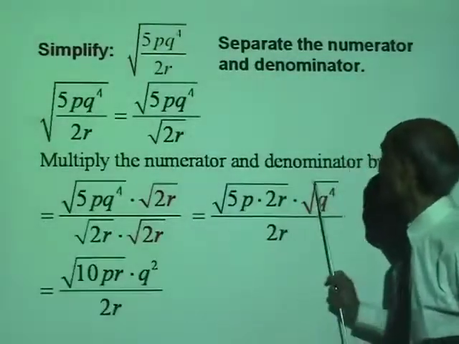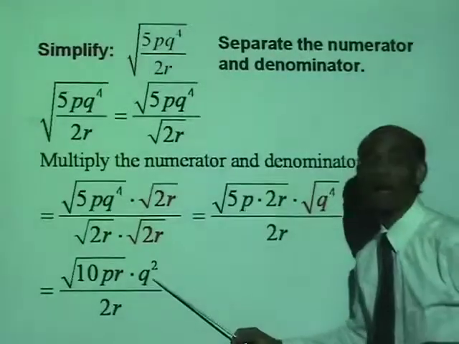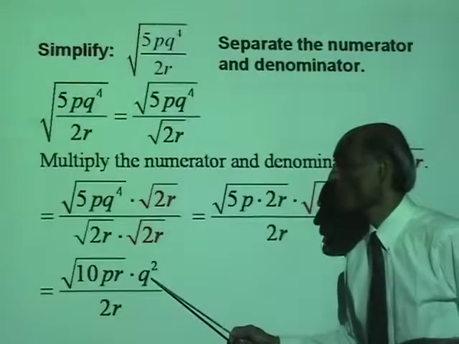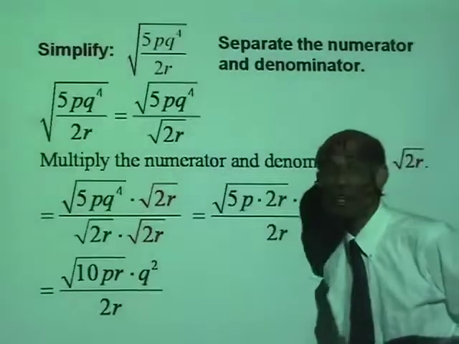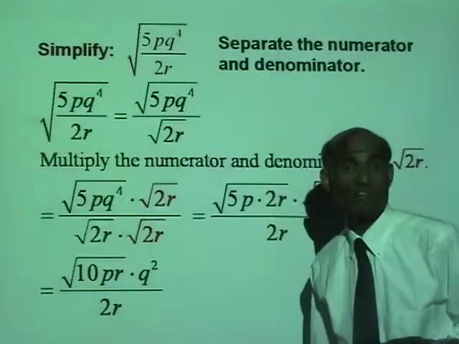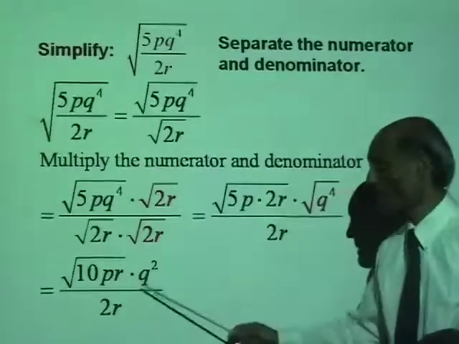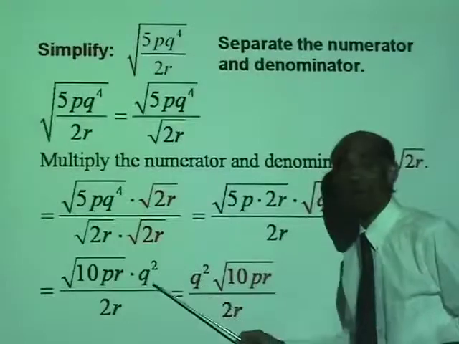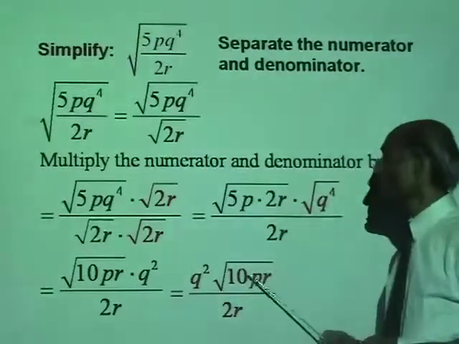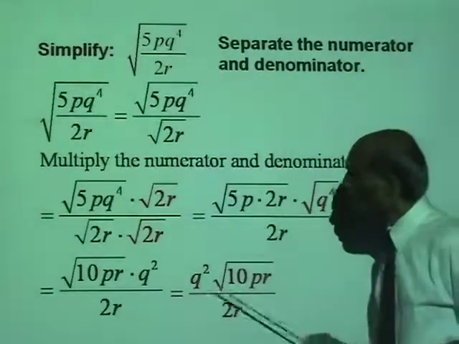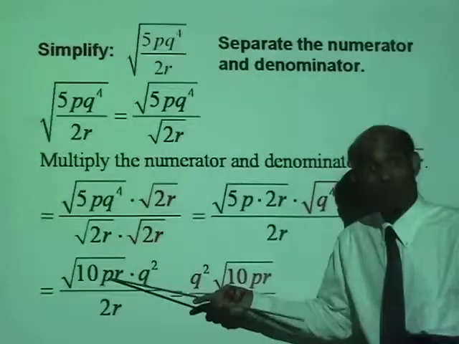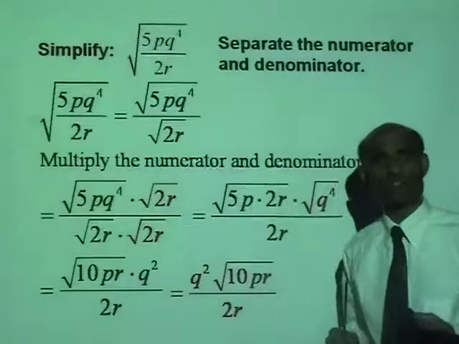And that therefore is q squared. Square root q to the power 4 is q squared. Well, I think we have done practically everything that is possible to simplify, and let's rewrite this answer as q squared square root 10pr all over 2r. The same thing, just reorganized it.